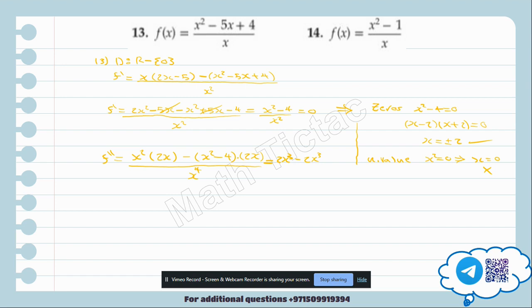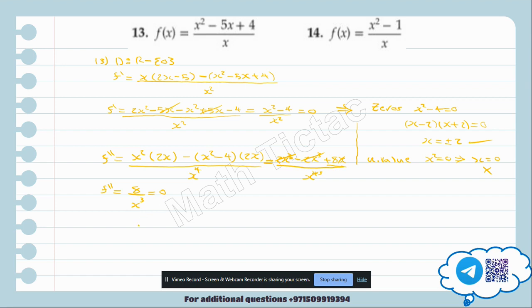Then minus 2x multiplied by minus 4 is positive 8x, over x to the power 4. Now the 2x cubed with the minus 2x cubed are eliminated, and the x with the x to the power 4 leaves x to the power 3 in the denominator. So f double prime equals 8 over x cubed.